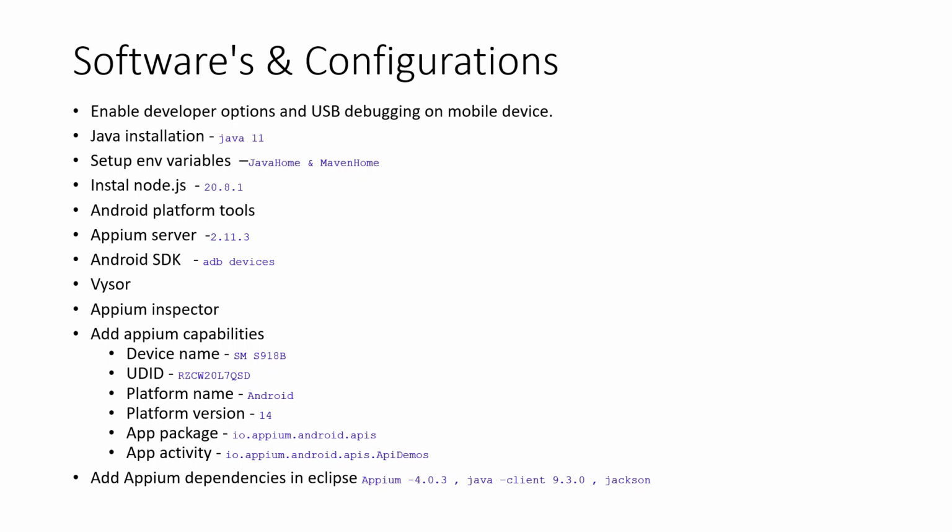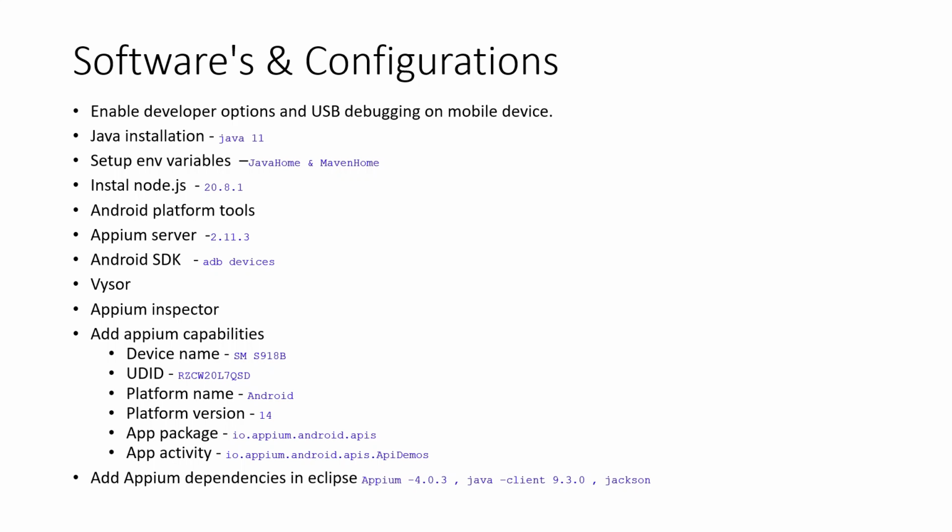For the Appium server, we use 2.11.3 for this recording. We also have Appium Inspector, which is used for identifying and interacting with the UI elements. We can locate the elements and build accurate locators using Appium Inspector.